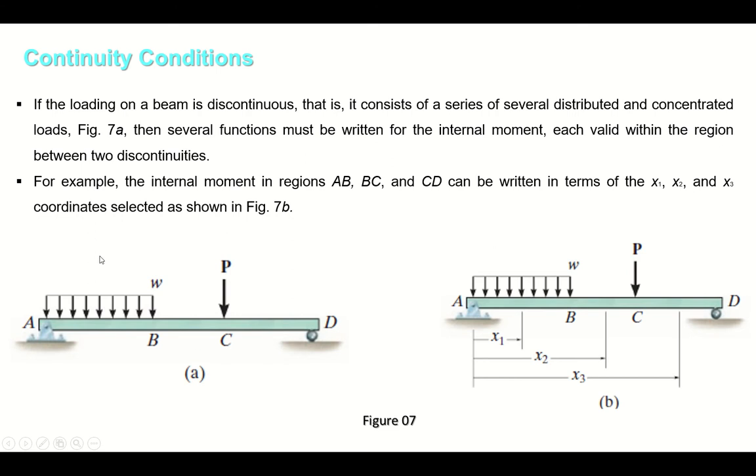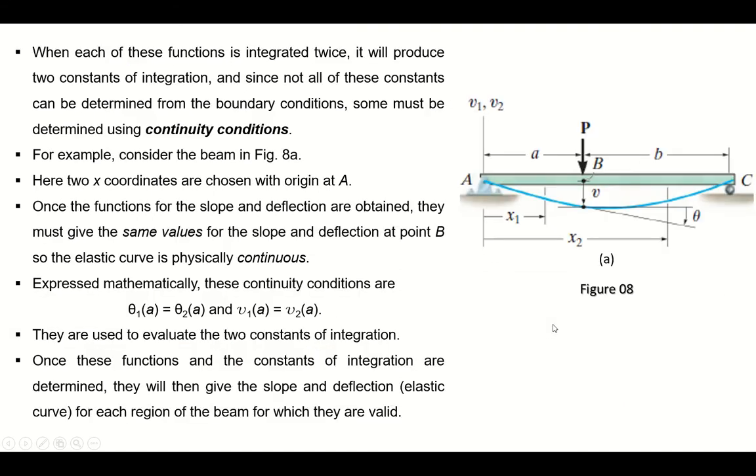So you can take the first segment from A to B, and call it x1. The second segment will be from B to C, and the third segment from C to D. So the internal moment in regions AB, BC and CD can be written in terms of x1, x2 and x3 coordinates selected as shown in figure 7b, right?